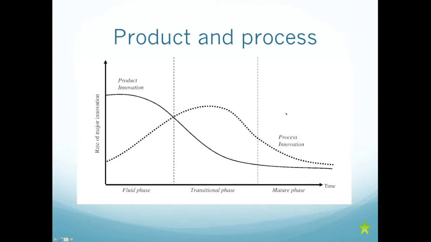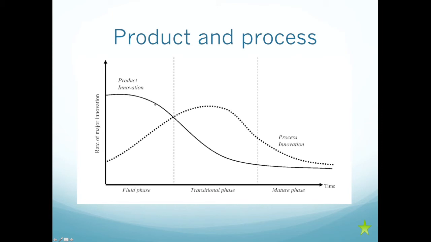And here we have the relationship between product innovation and process innovation in a graph. Here we have the rate of major innovation. Here we have three phases: the fluid phase, the transitional phase, and the mature phase. So we have the product innovation. In the beginning, there's lots of innovation activity here.